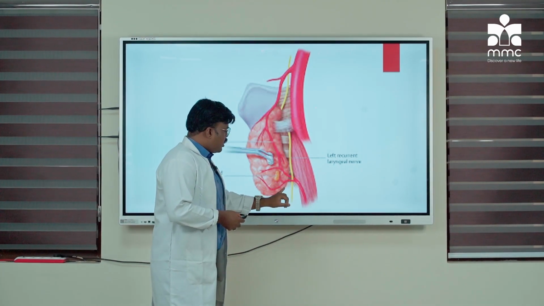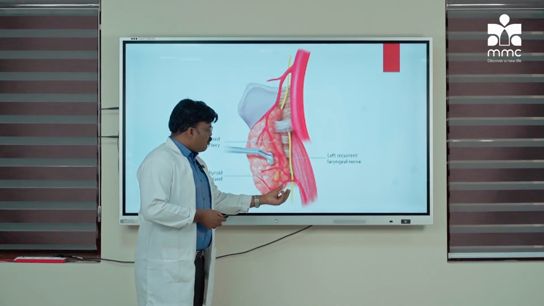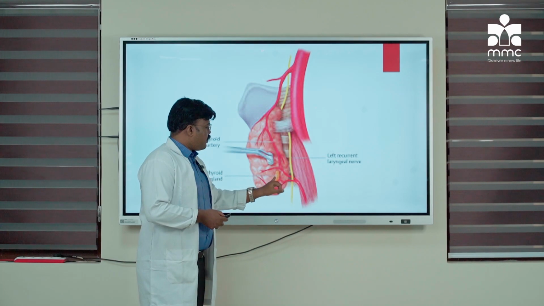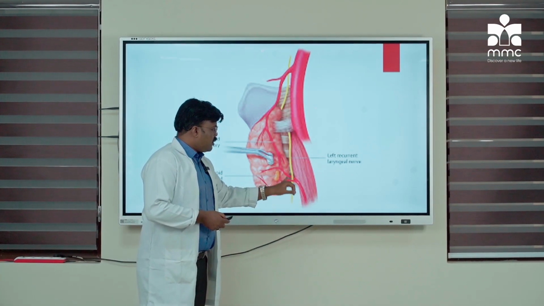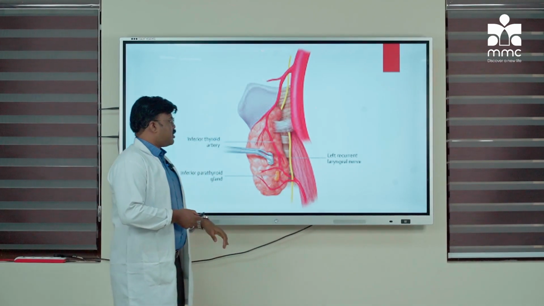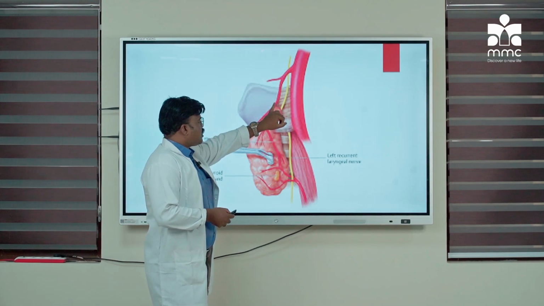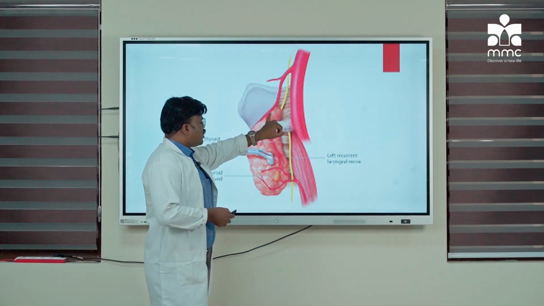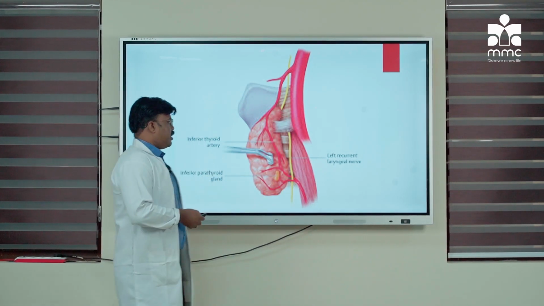Near the base, the artery and the nerve approximate closer to each other when they come to the gland. So, ligature of the inferior thyroid artery during thyroidectomy will be done away from the gland. Here the superior thyroid artery is ligated nearer the gland, and the inferior thyroid artery is ligated away from the gland.